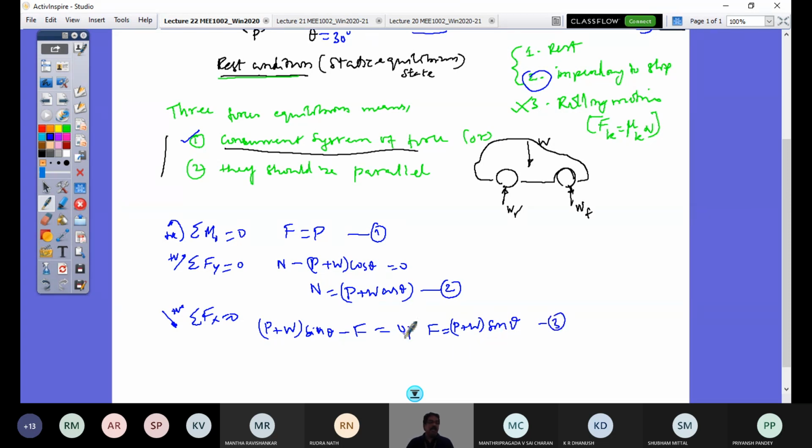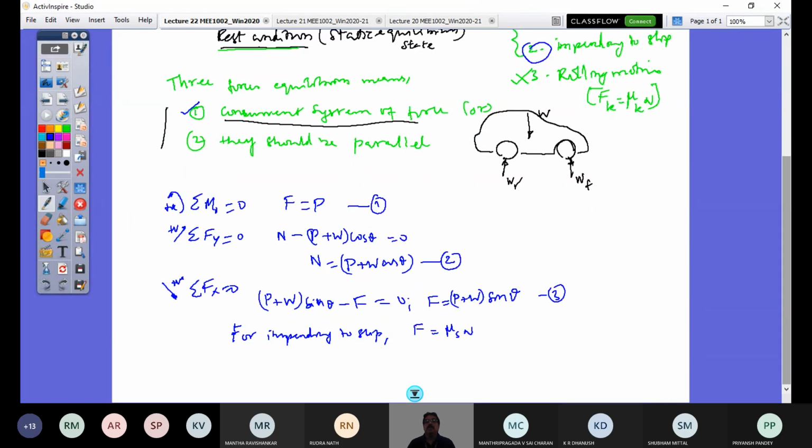So now the conditions that you know, for impending to slip, the condition is F should be equal to mu s times N. So substitute now in this.